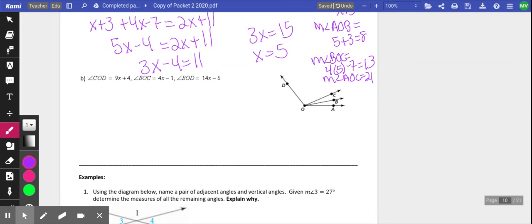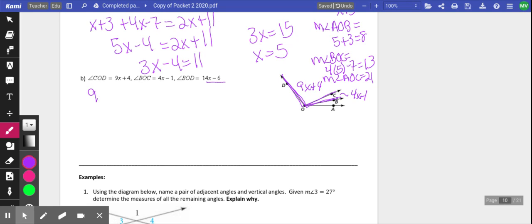So now we're going to try example B. So we have COD, its big angle is 9x plus 4, and BOC is 4x minus 1, but BOD, which is those two added together, is 14x minus 6.